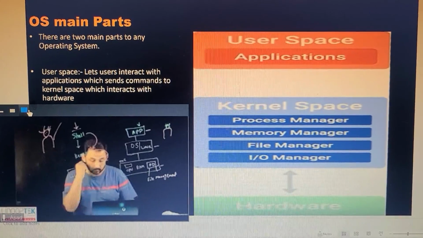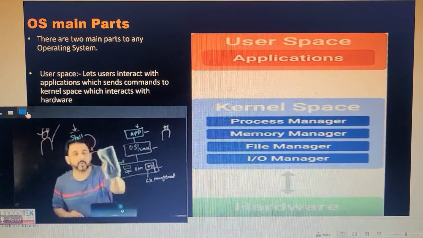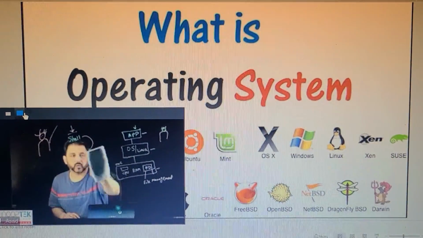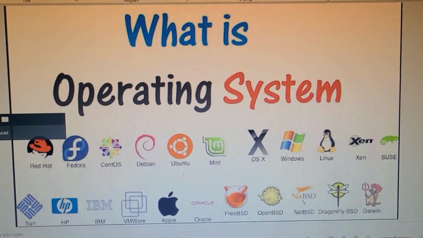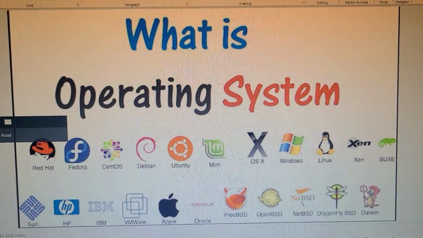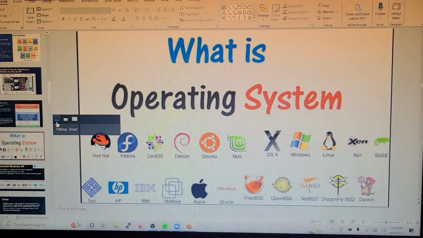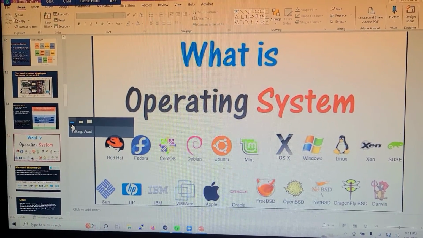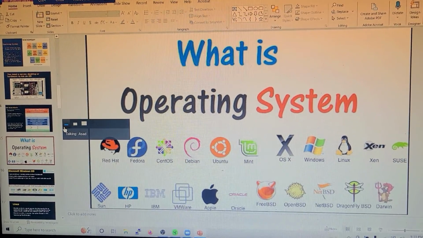Then we talked about different types of operating systems. We talked about Linux, Unix, Windows, and Mac, and how they are different from each other. There is one major difference between all of these operating systems, and what is it?